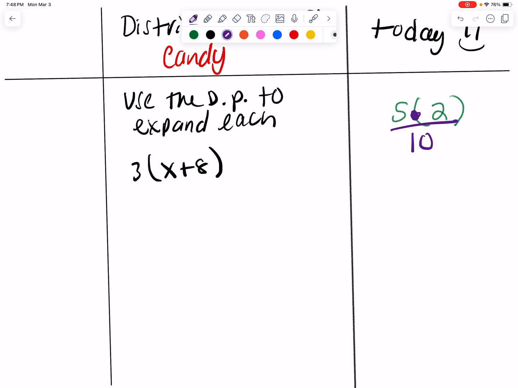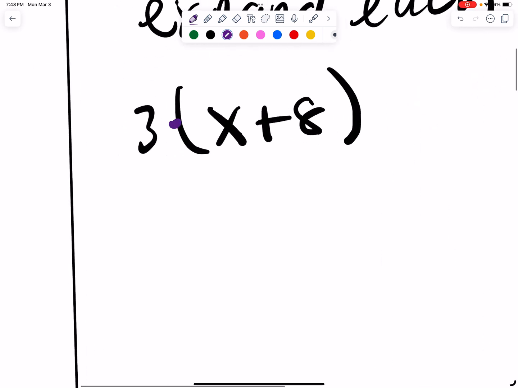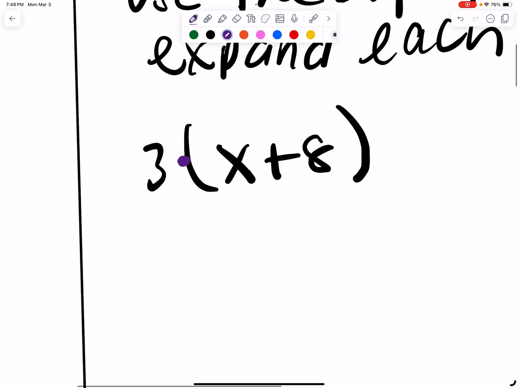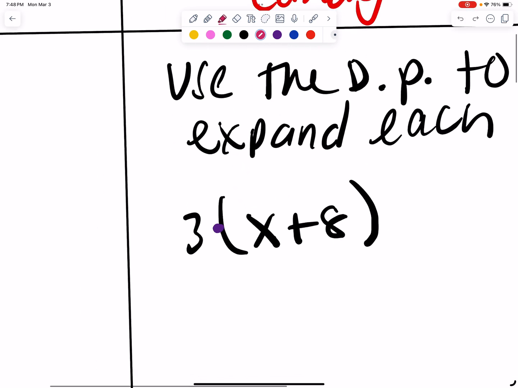Now, the reason I call this candy: when you notice right here, this means multiply. But notice that this is a number outside, and this is all a burrito inside. That means that 3 has to give candy to x and 8. So what I do is I draw a little piece of candy.